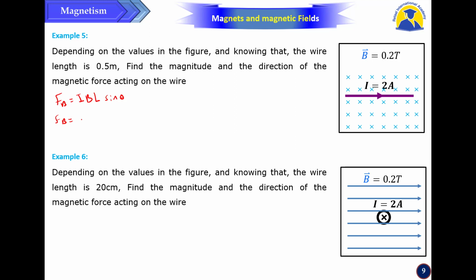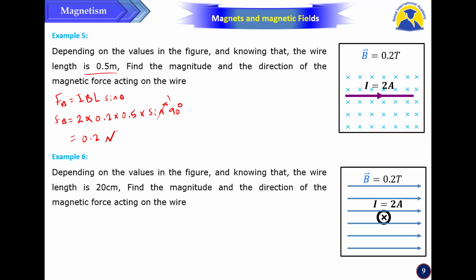So FB will equal I, which is 2 ampere, B, the magnetic field, is 0.2, L is the length, which is 0.5, multiplied by sine theta. The angle between current and magnetic field direction is 90 degrees. 2 multiplied by 0.5 is 1. 1 multiplied by 0.2 is 0.2. Sine 90 is 1. So the answer will be 0.2 Newton.